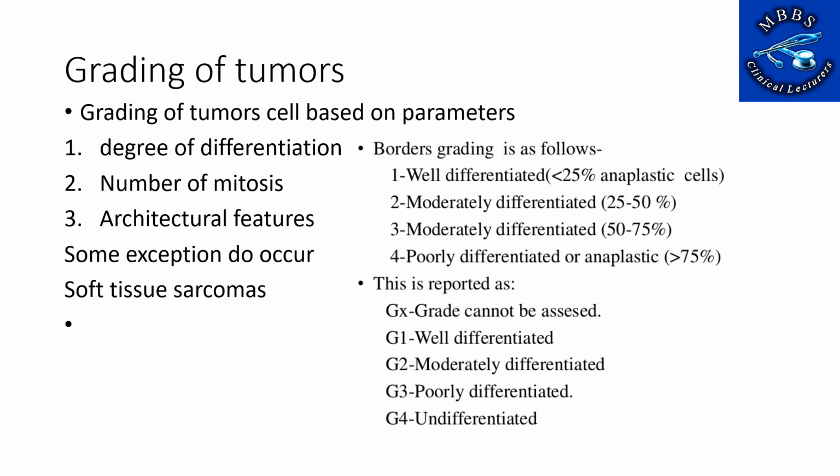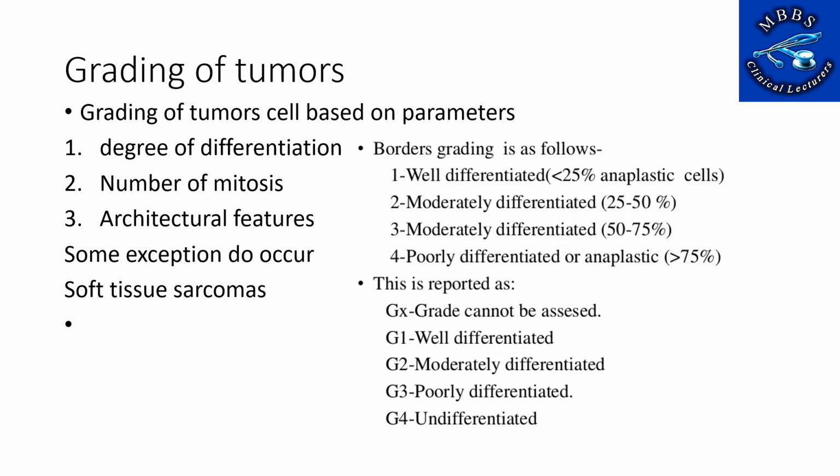So the first parameter is the degree of differentiation. What does it mean? Differentiation means the resemblance to the original tissue morphology. So as much as the tumor resembles the original morphology of that tissue, it will be labeled as well, moderate, or poorly, depending on the morphology, what exactly it is showing under the microscope.